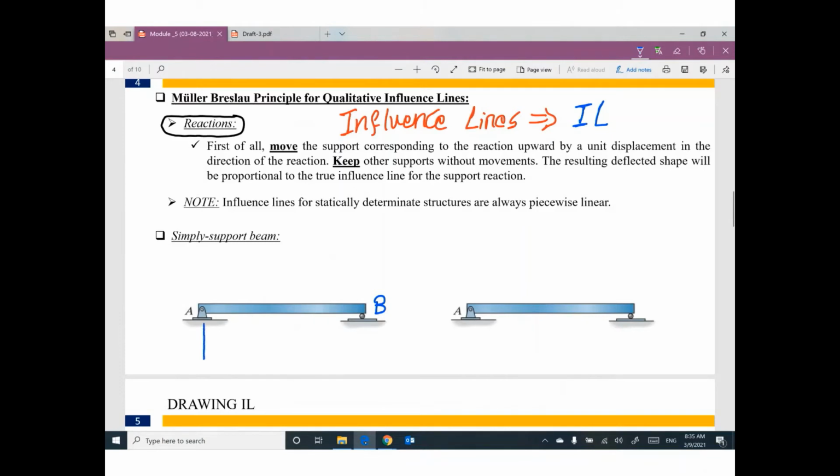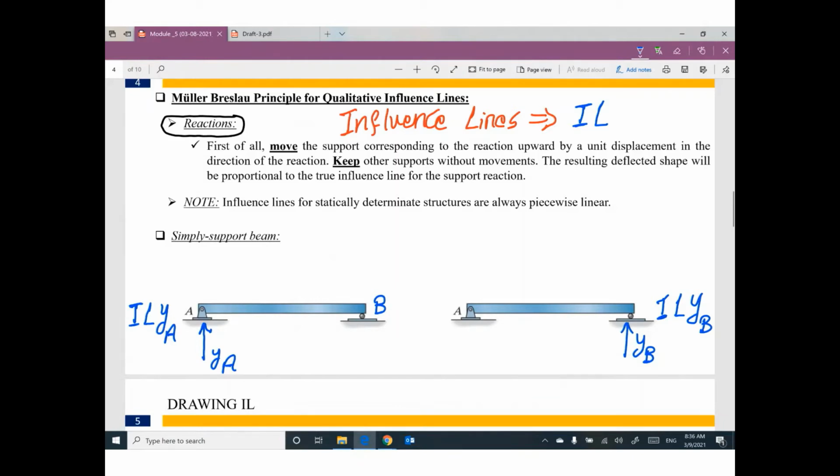We need to draw influence line for YA. We have another reaction, YB. So we need to draw influence line for YB.